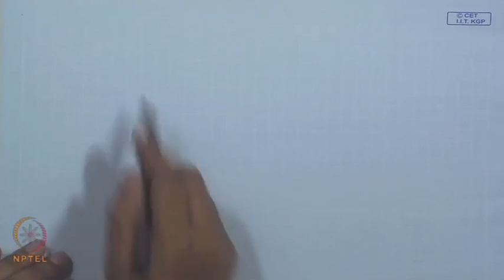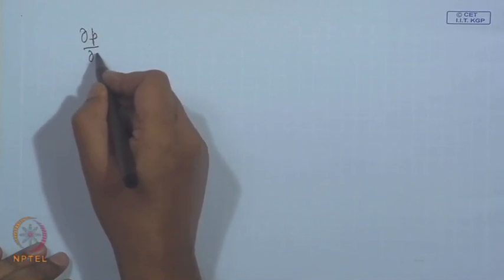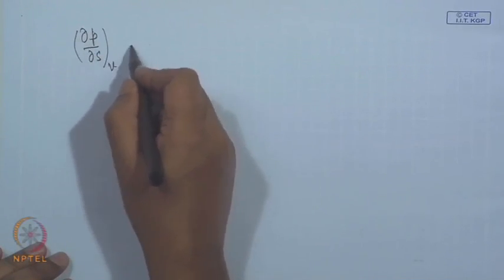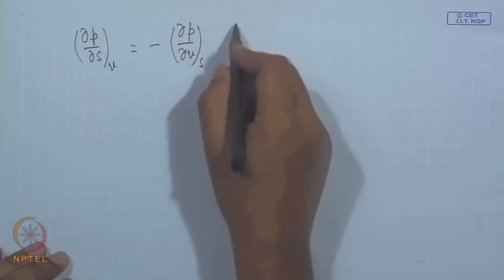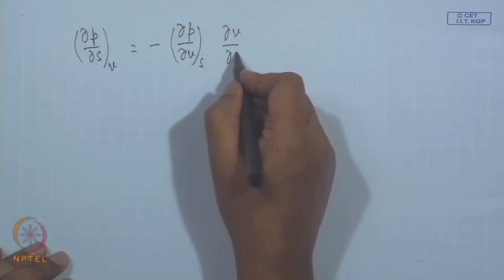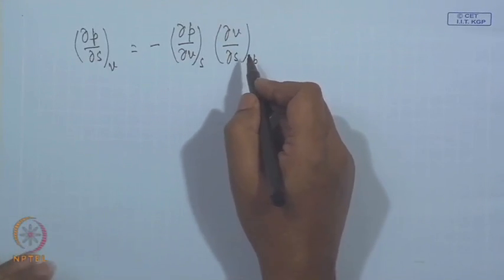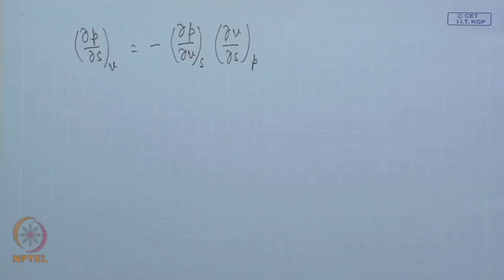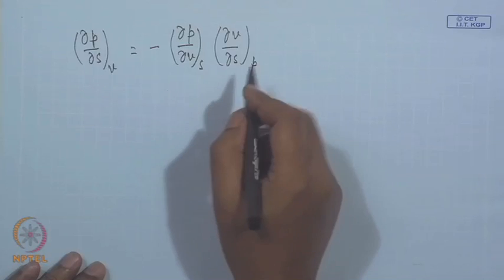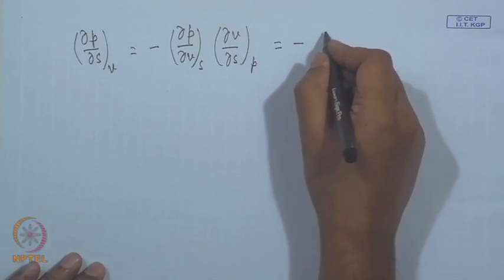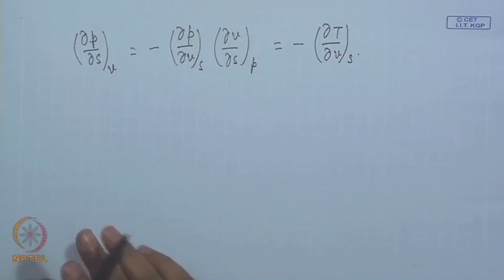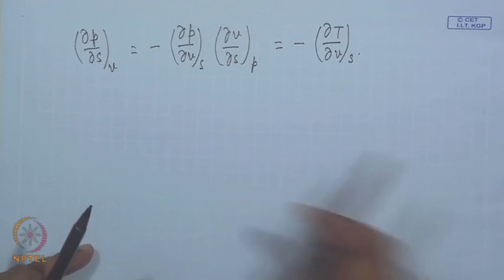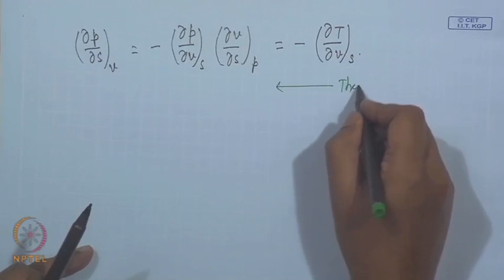Similarly, we have dP/dS at constant volume is minus dP/dV at S into dV/dS at P. And this becomes minus dT/dV at S. This is a thermodynamic identity.